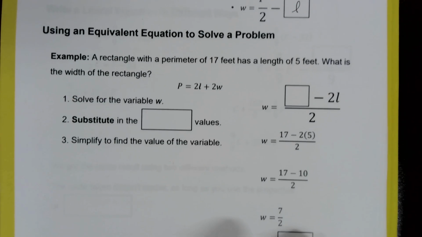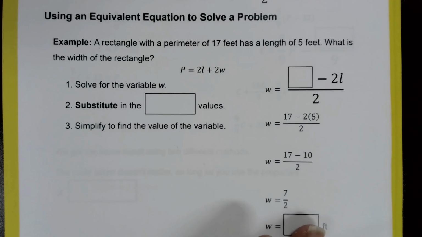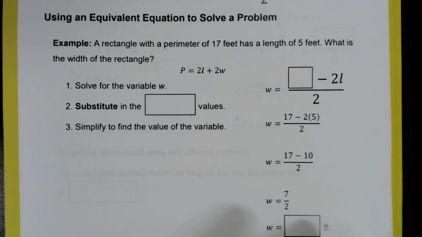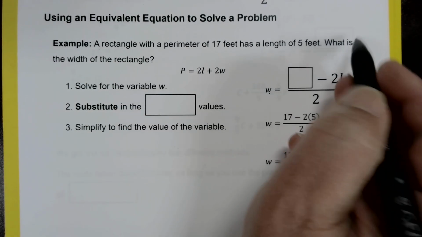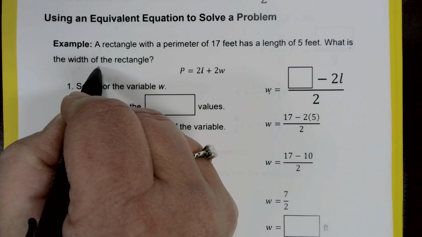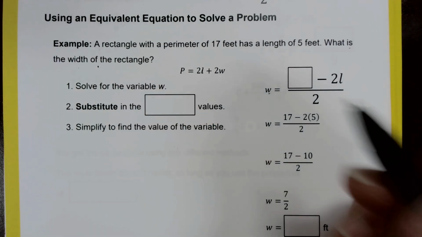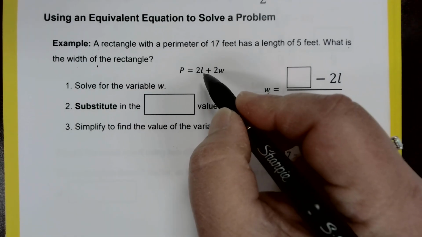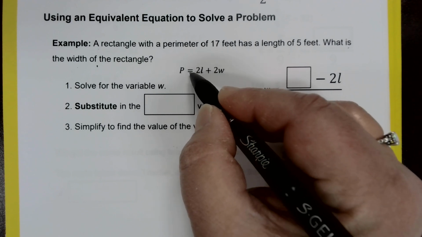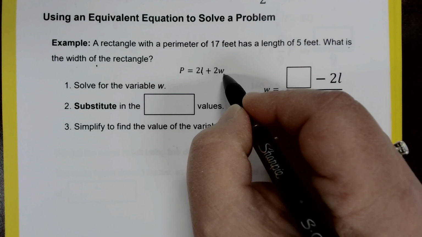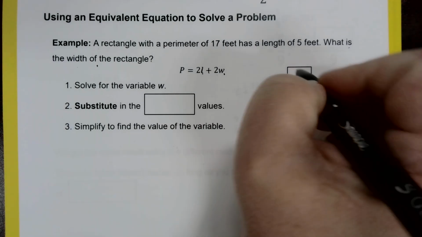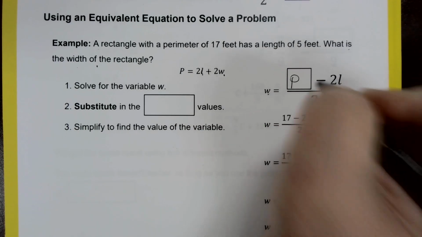When we want to solve a problem and we know a few things, we solve for the variable W, because the width of the rectangle is what I'm looking for. So I take this, subtract 2L, and that'll equal 2W. Divide both sides by 2, and this is my rewritten version.